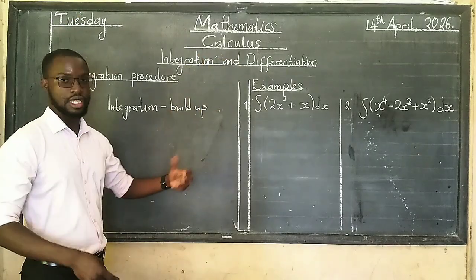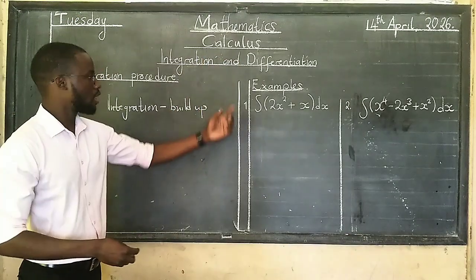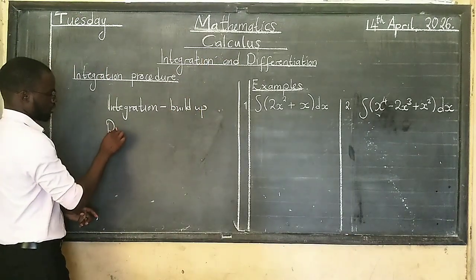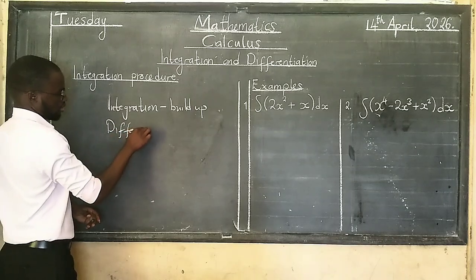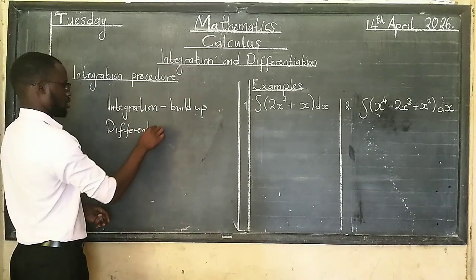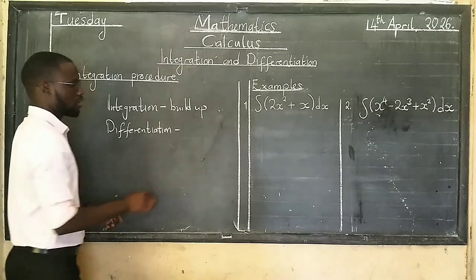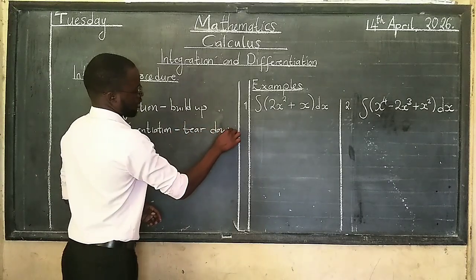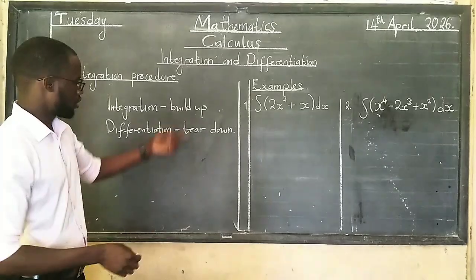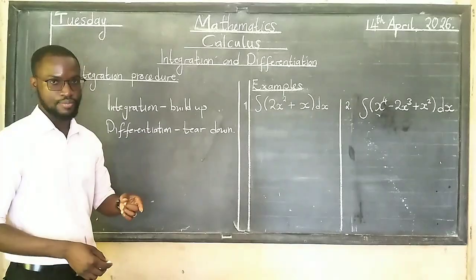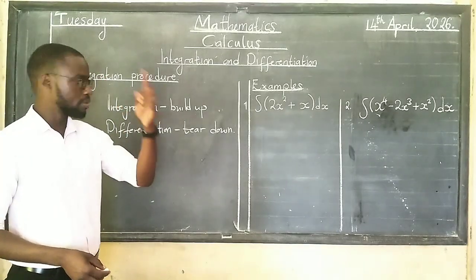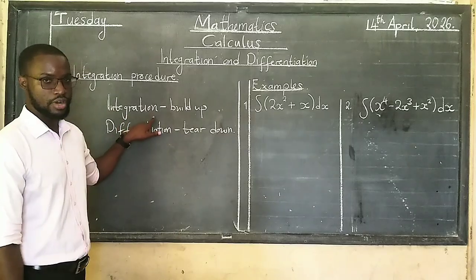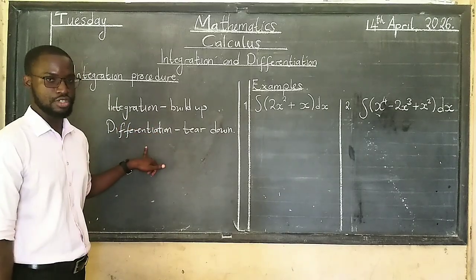So to integrate, just look at it as to build up. Then to differentiate, differentiation, this one, you can look at it as to tear down. So these two are the total opposites of each other. That's why, using your thinking ability, if you understand how to integrate, you can also differentiate.